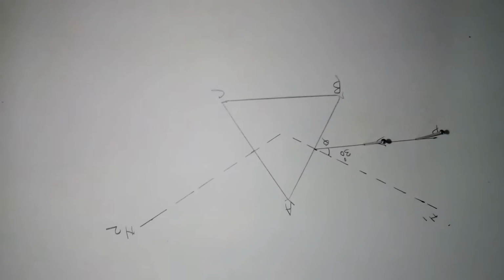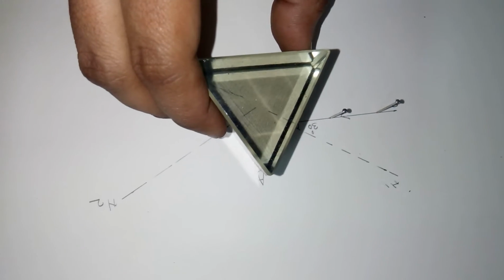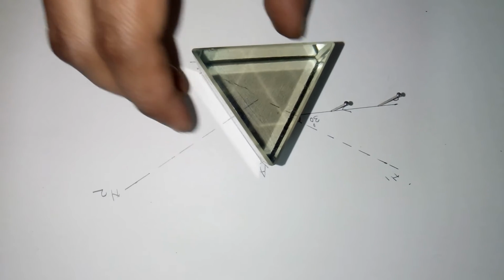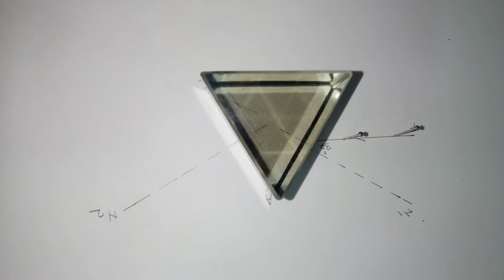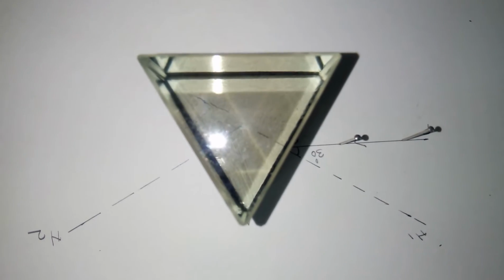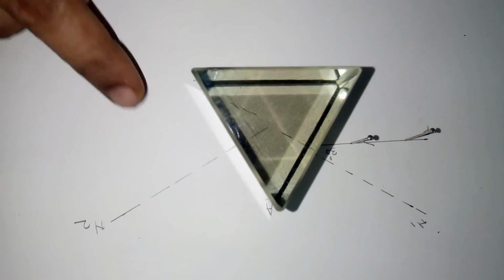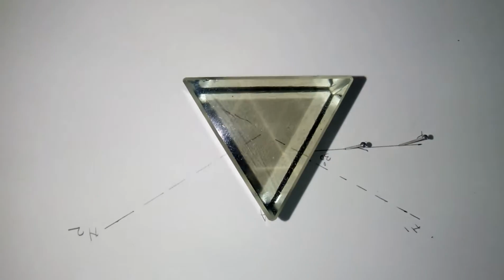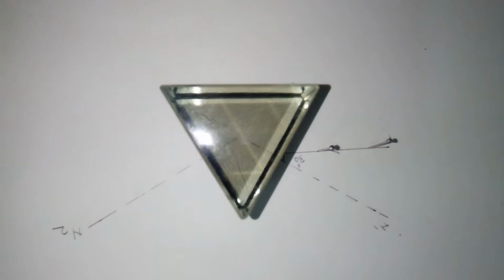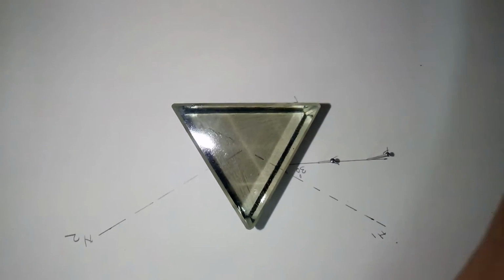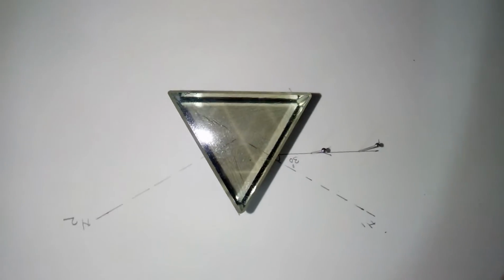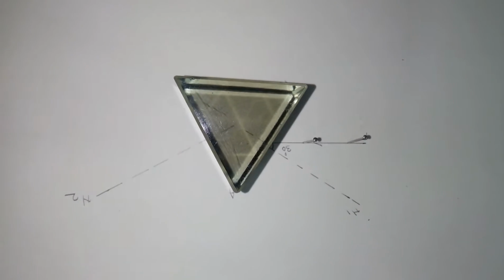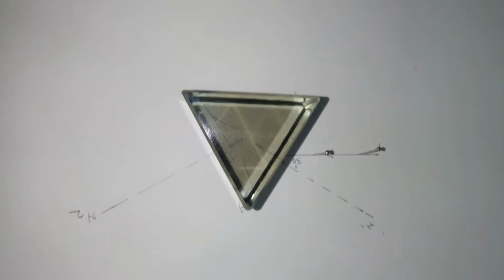Then place this prism. Then observe the images of these pins from this side AC. This is side AC, this is side AB. Now we observe that, and after that fix the pins, images of those pins.